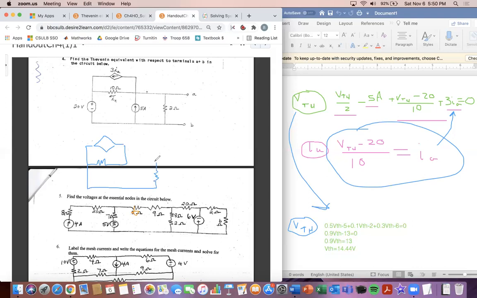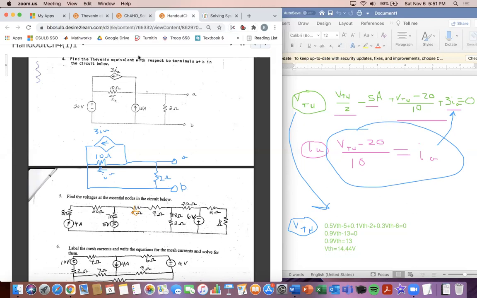Then we have this 2 ohm resistor right here, and then terminals A and B. Now that we know that, we need to apply a test voltage at this open circuit between terminals A and B. So let me start drawing that out.